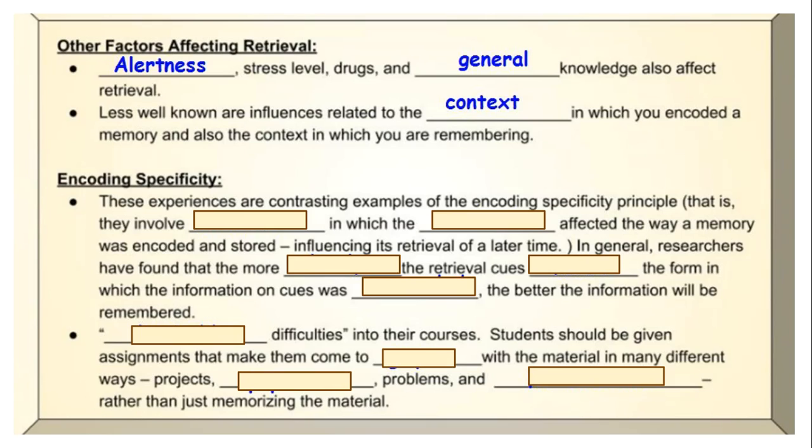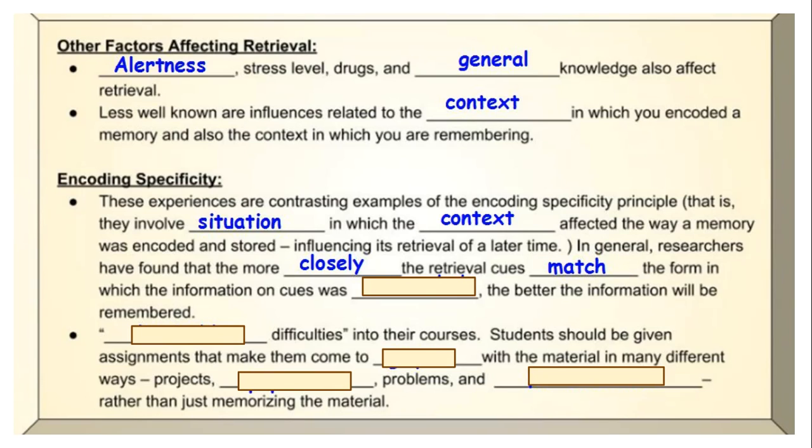These experiences are contrasting examples of the encoding specificity principle, that is, that the context affected the way a memory has been encoded and stored, influencing its retrieval at a later time. And researchers have found that the more closely the retrieval cues match the form in which the information was encoded, the better the information would be remembered.